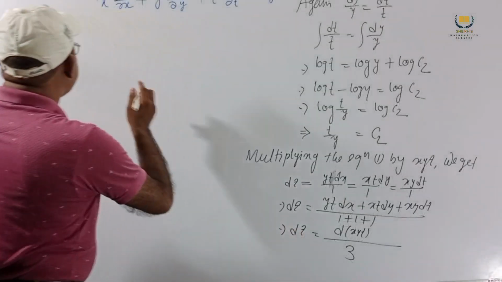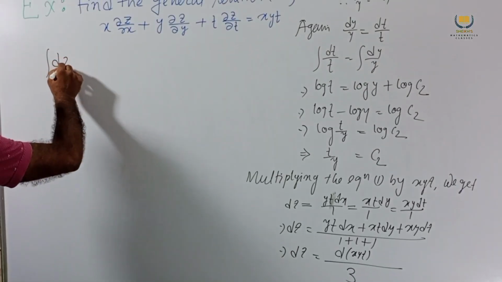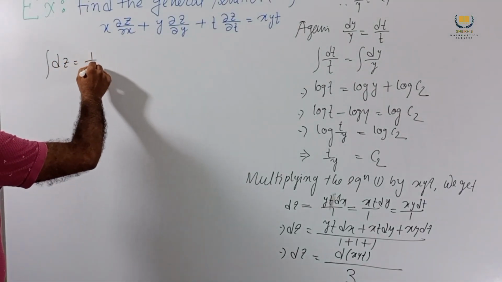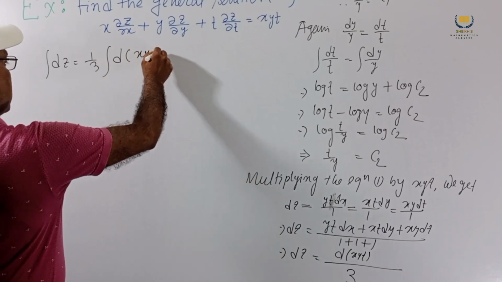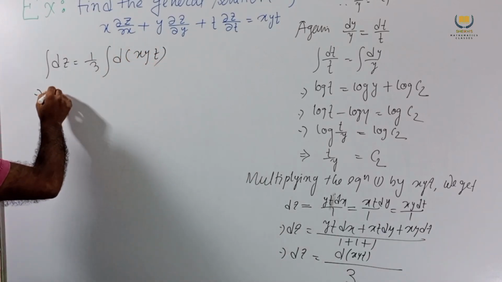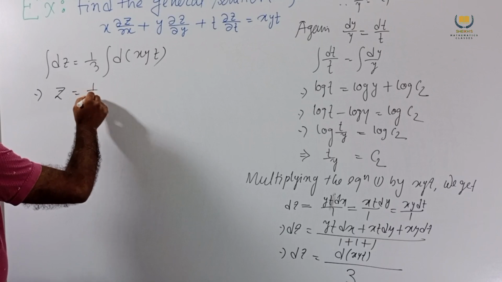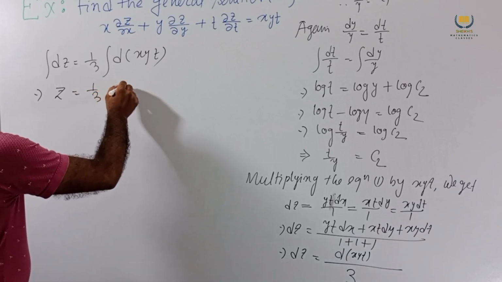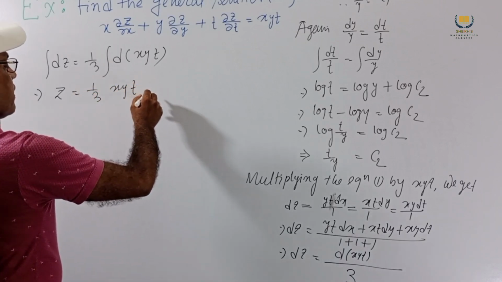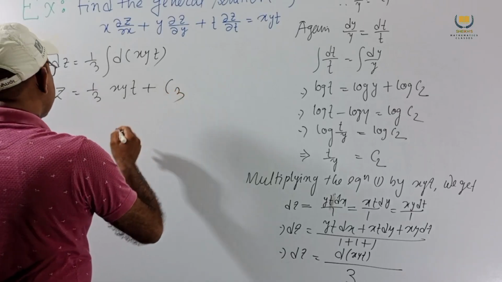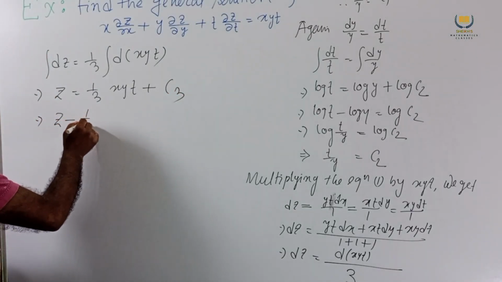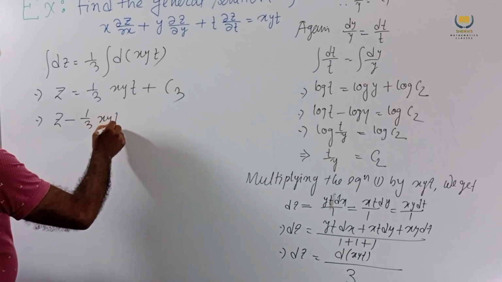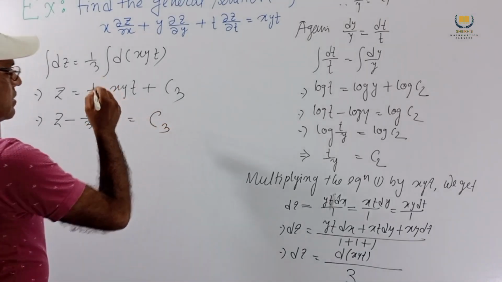Integrate this: integration dz equals 1 by 3 integration d(xyt). So z equals 1 by 3 xyt plus c3, and z minus 1 by 3 xyt equals c3.